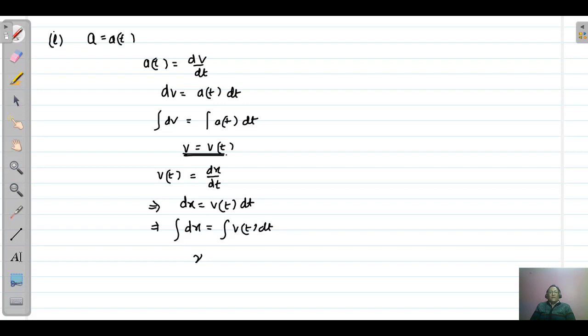The right side contains t, so x is a function of time. In this way, if acceleration as a function of time is given, we can find the velocity as a function of time and position as a function of time.